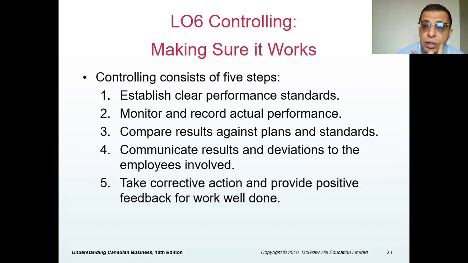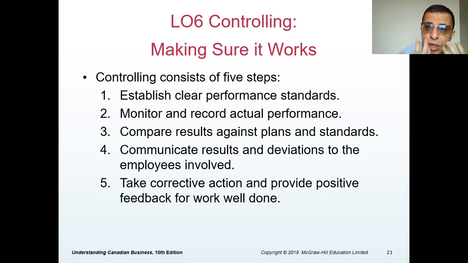You need to monitor and record actual performance. Are they going according to your KPIs, or is there variance, achieved more or less? You need to look at that. And to do that, you compare the result against the plan and the standard you established.